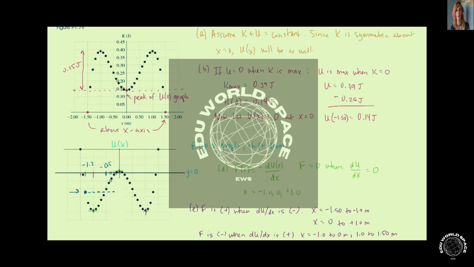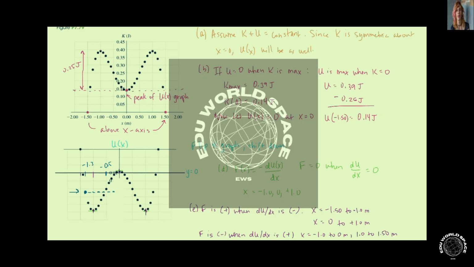We are more or less subtracting 0.27 from our existing graph to use this idea that we can get our potential energy values by subtracting 0.14 from the kinetic energy values and then making them negative to figure out our K max when U was a minimum.